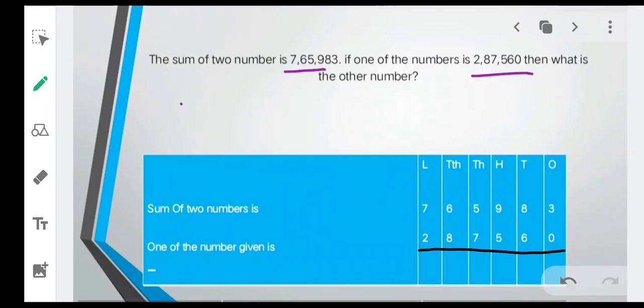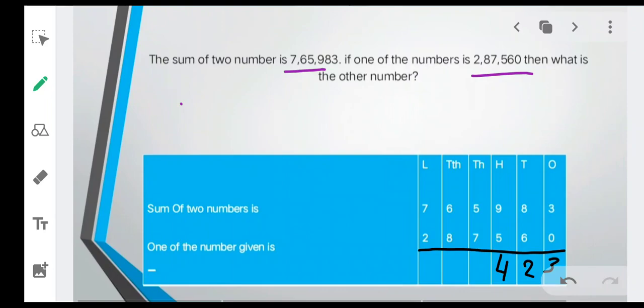On your screen you can see that I have already written down the sum of two numbers. One of the numbers is given. So exactly what you have to do is subtract. 3 minus 0, 3. 8 minus 6, 2. 9 minus 5, 4.